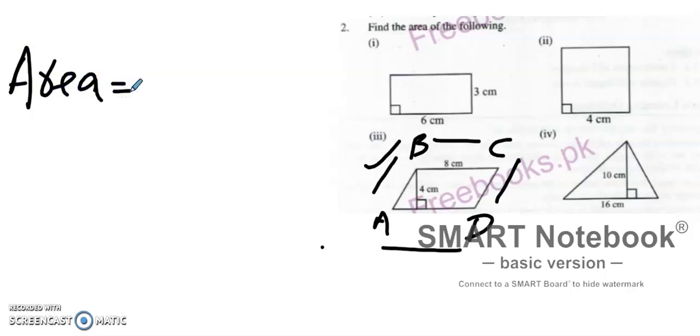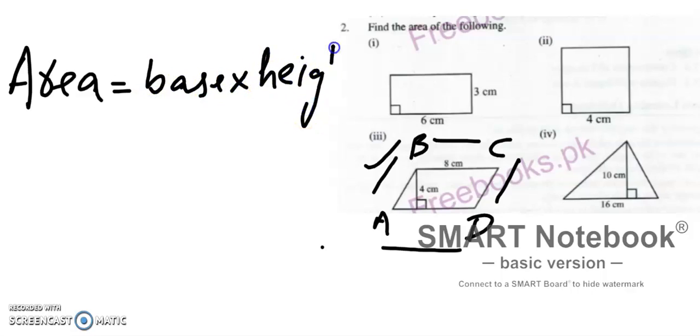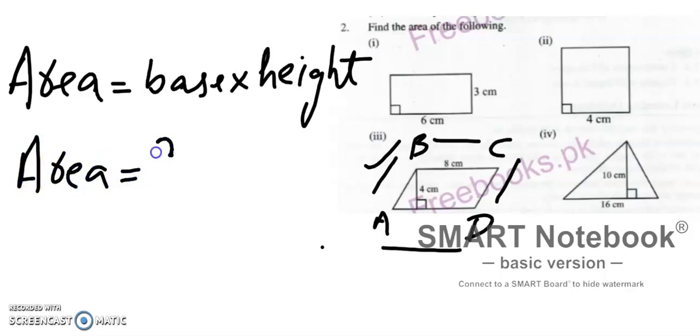So area, first of all, writing the formula for finding the area of a parallelogram. So area would be equal to base multiplied by height. This is the formula for finding area in the case of a parallelogram. Now area is equal to, base is 8 centimeter. Okay, this one is the base. As opposite sides are congruent, so definitely AD would be taken as 8 centimeter.